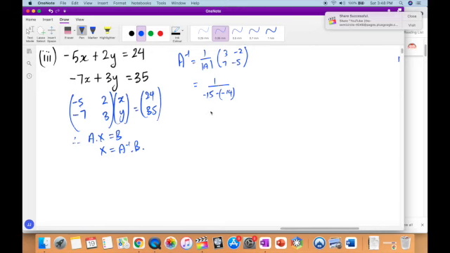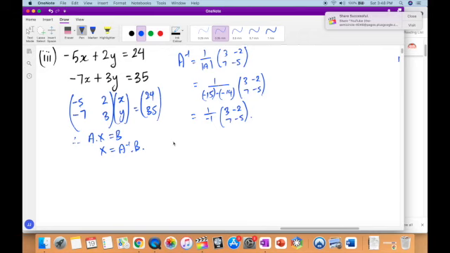Right? So I have negative 15 in this bracket minus negative 14 in this bracket. So that gives me negative 15 plus 14 is negative 1. So the determinant here is just simply negative 1 into 3, negative 2, 7, and negative 5.